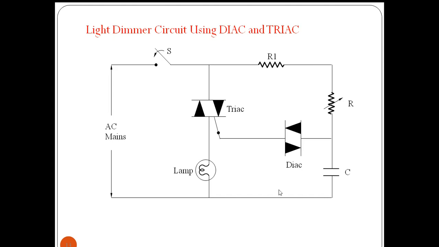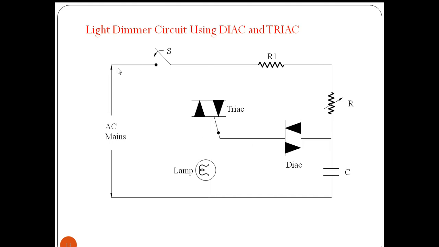When the capacitor has sufficient voltage to trigger the diac, the diac will conduct. When the diac conducts, the capacitor voltage appears across the gate circuit of the triac, and the triac conducts.